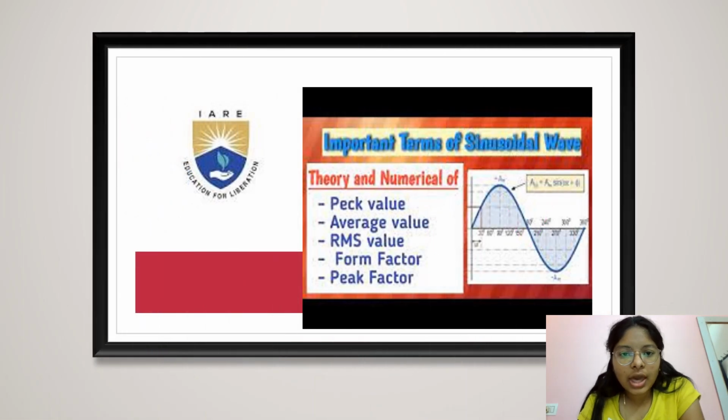And next we have important terms of sinusoidal wave, theory and numerical: peak value, average value, RMS value, form factor and peak factor. These are the theory and numerical important terms of sinusoidal wave. And besides that we have a graph of sinusoidal wave. A is equal to A_m sine of omega t plus phi.